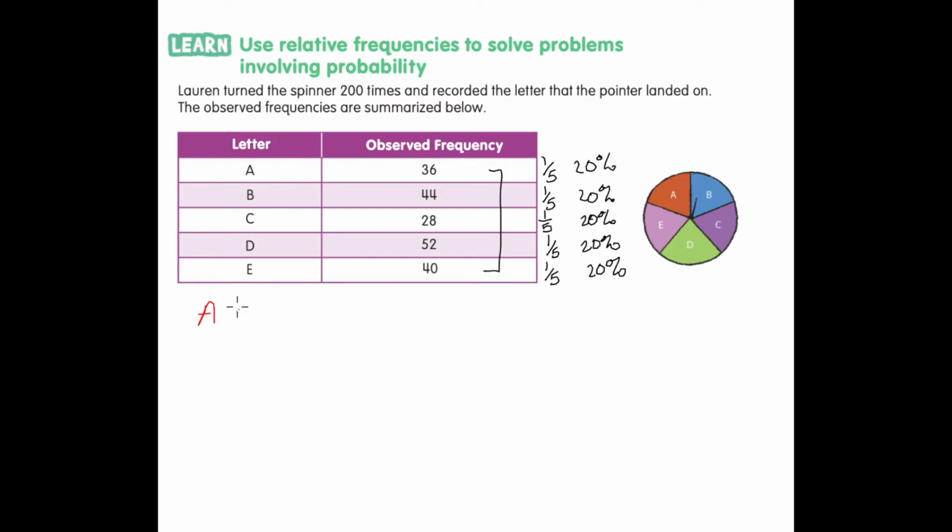So if we start with A, that was 36 out of 200. As a decimal, that would be 18 hundredths. And as a percent, that is 18%. Looking at B, that was 44 out of 200, which is 22 hundredths, or 22%.